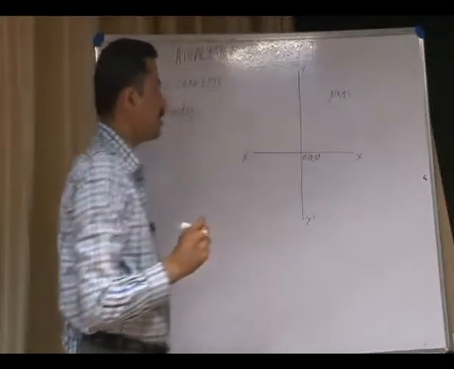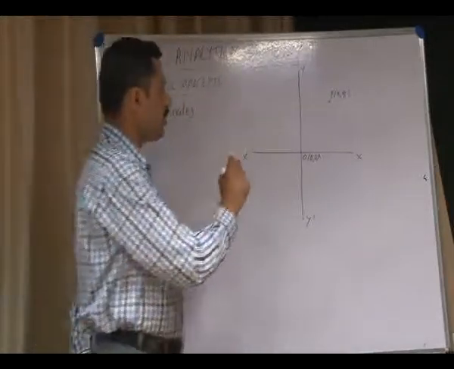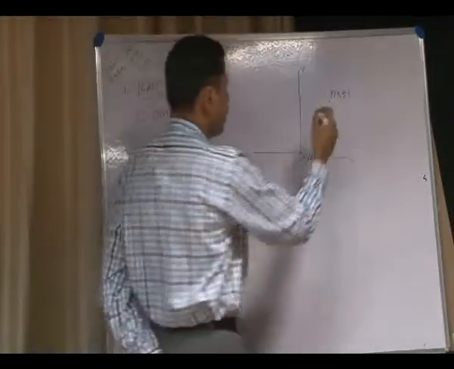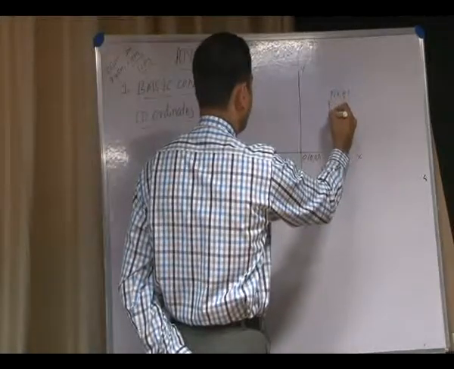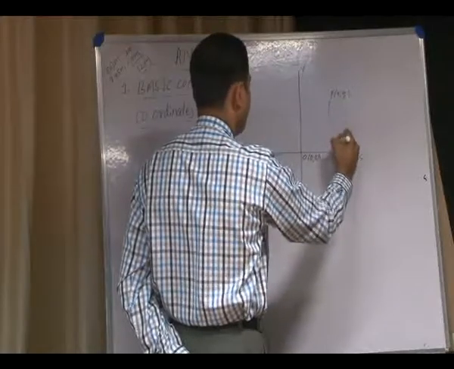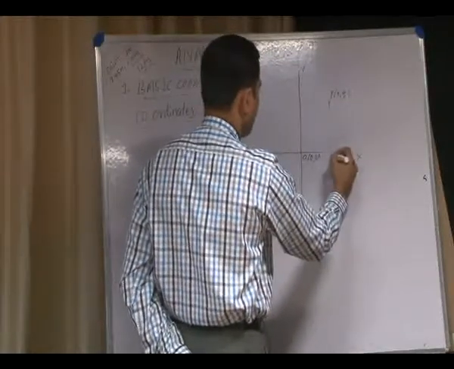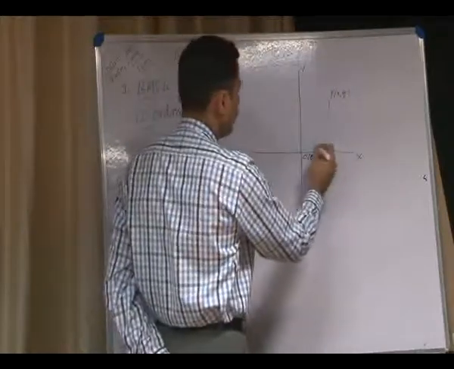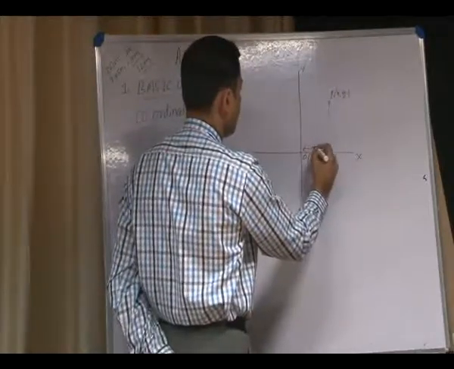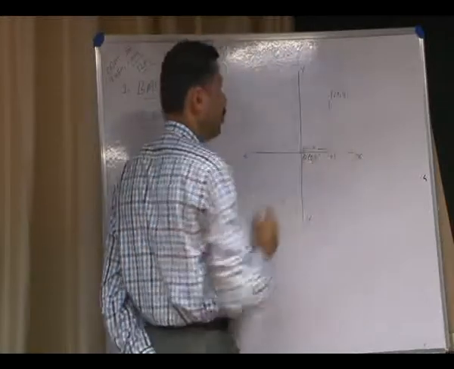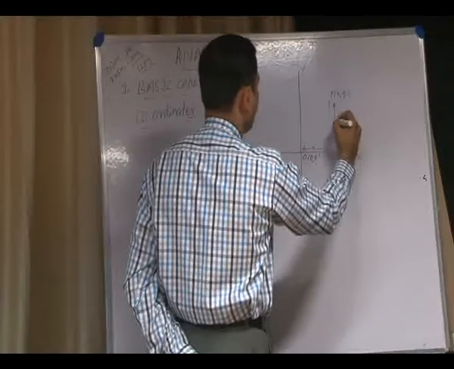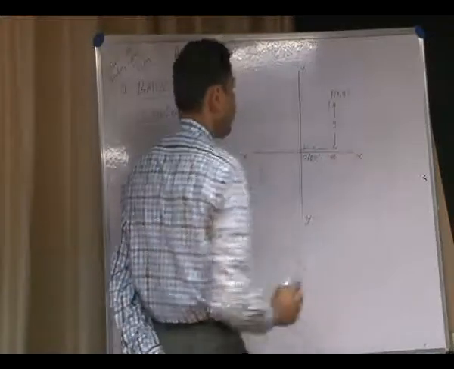Here x represents the x coordinate of that point and y represents the y coordinate. If you draw a perpendicular from point P to the x axis, and it meets at point M, then the distance OM is taken as the x coordinate of point P, and the distance PM is taken as the y coordinate of point P.